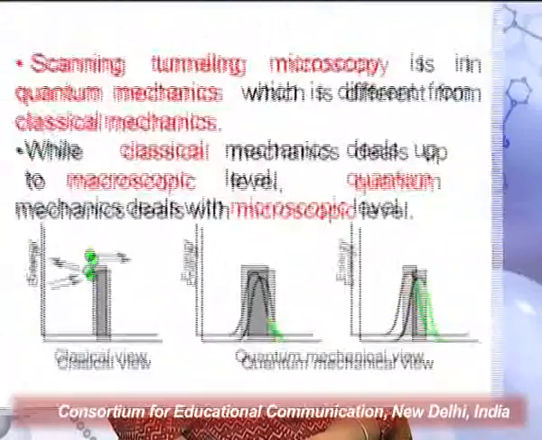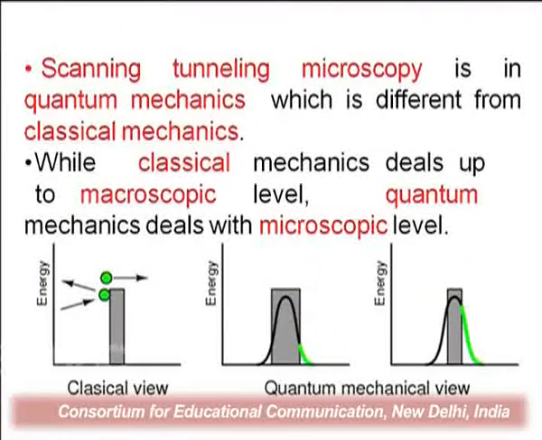The scanning tunneling microscopy is based on quantum mechanics, which is different from classical mechanics. It means the scanning tunneling microscope follows the rules of quantum mechanics. Classical mechanics deals with the macroscopic world, but here we are using nanoparticles and nanomaterials, particles of micro or nano level size.